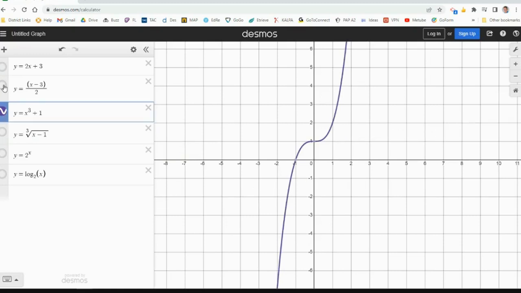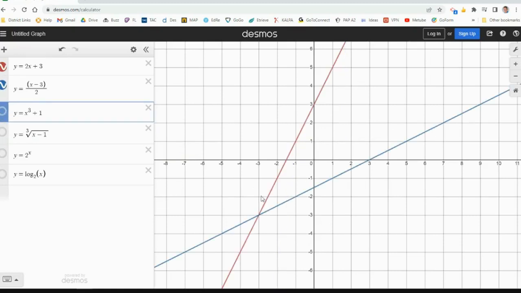Let's go to these straight ones. They're a little easier to look at. If it's over the origin, if we have a point at 3, 0, it would also be at negative 3, 0. So it's not over the origin. But I do want you to notice this. We have this point, and we have this point.